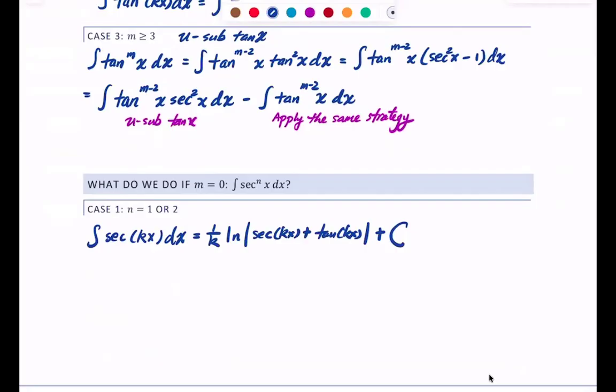Okay, but if you get 2, this one you know, right? So this one you get tangent. Okay, so if it's 1 or 2, we know exactly how to handle it.